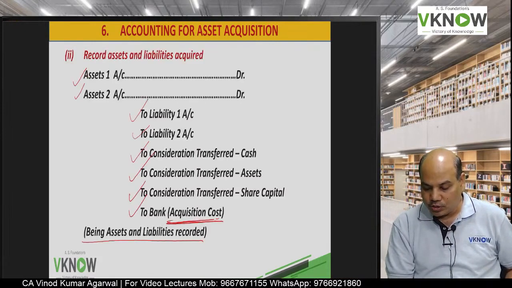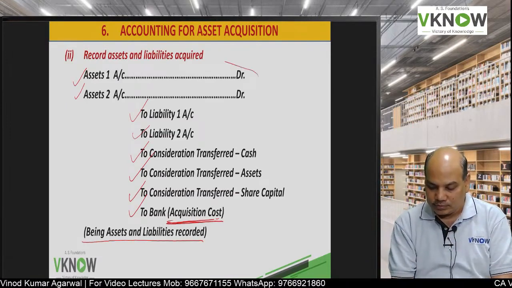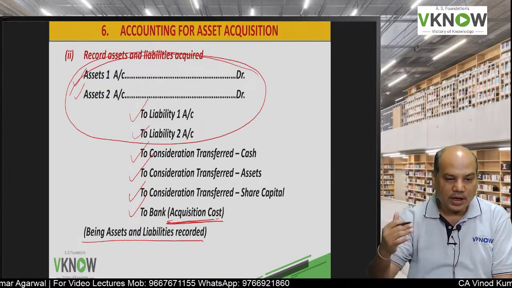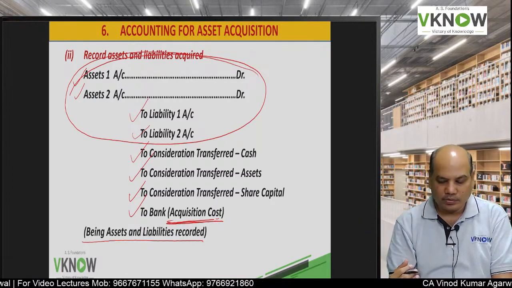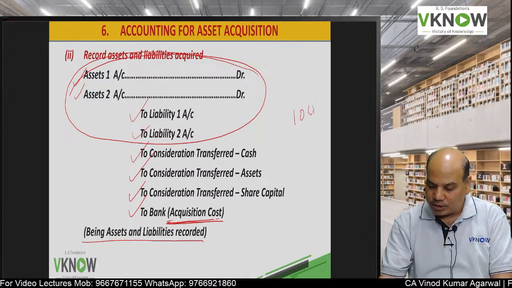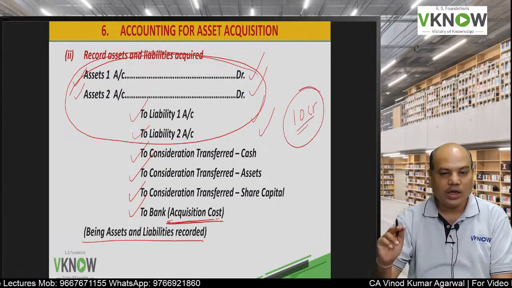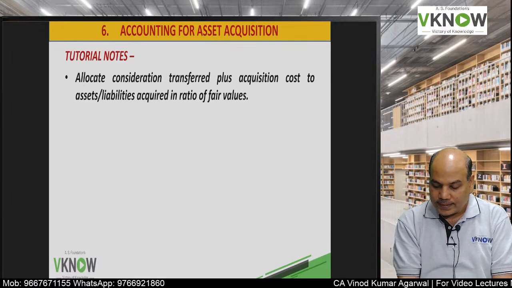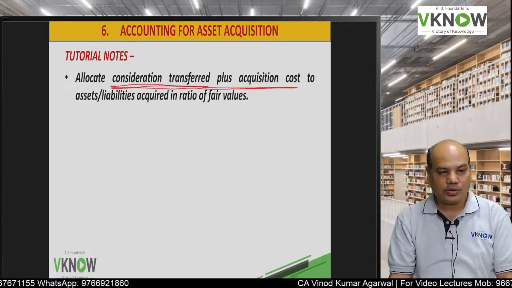The question the student can ask is, suppose one lump sum amount is paid and you acquired many assets and liabilities. You paid 10 crore rupees and you got assets and liabilities. How do I allocate this 10 crore rupees? So the answer is, allocate consideration plus acquisition cost.